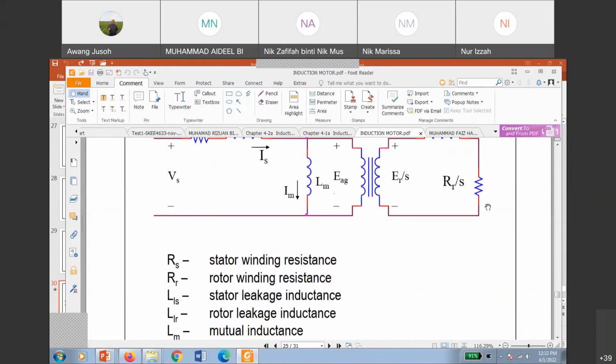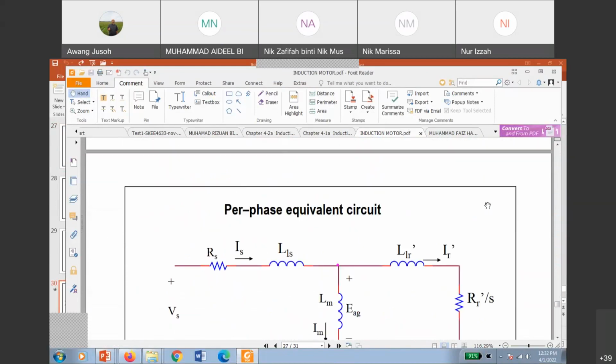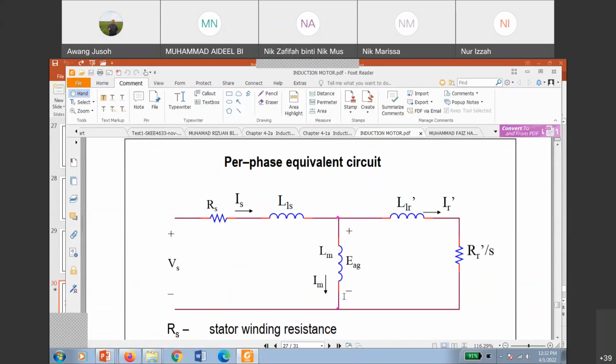What is the approximate circuit? It means we make some assumptions. In the approximate circuit, we know that when the motor operates at low slip, the stator current is very small. So the drop across RS and the drop across L1S can be neglected.